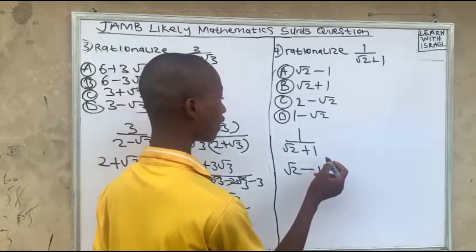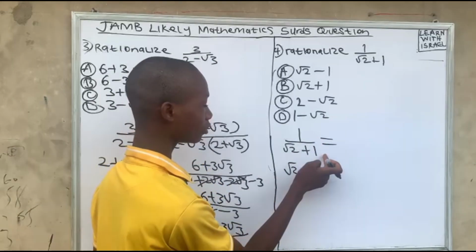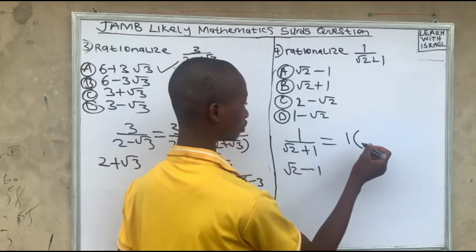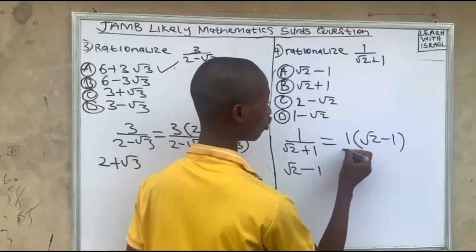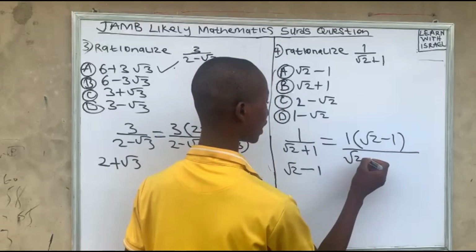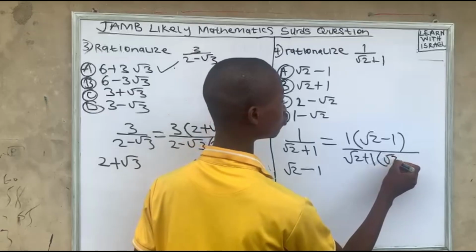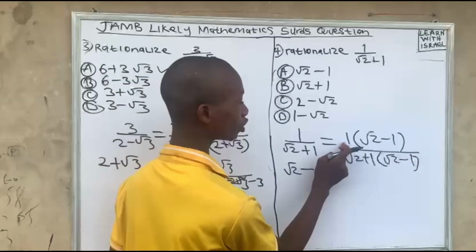So we have to multiply this with the numerator and the denominator. So we have 1 times root 2 minus 1 over root 2 plus 1, open bracket, root 2 minus 1.